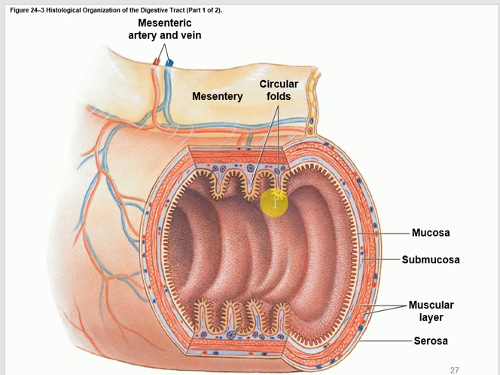How about the submucosa? Look at the submucosa here. You will see blood vessels, lymphatics. Do you remember the lymphatics? And nerve plexuses. Does anybody remember the nerve plexus in the submucosa? What is it called? What is that white plexus in the submucosa?